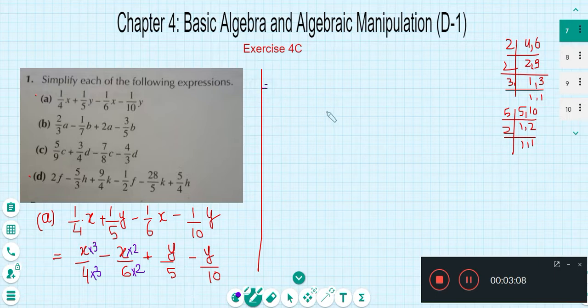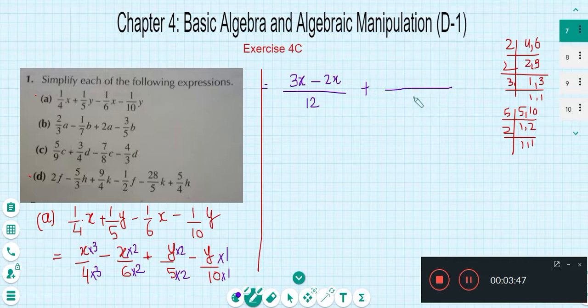So here we are left with 4 times 3 is 12. 12 is the LCM, whereas x times 3 is 3x and minus x multiplied by 2 gives you 2x. So this is basically subtraction of the two fractions of x terms. Similarly, in the y terms, we have to multiply 5 by 2 in order to make it 10. The same number will multiply with the numerator. So 10 into 1, and y into 1 because it is already 10.